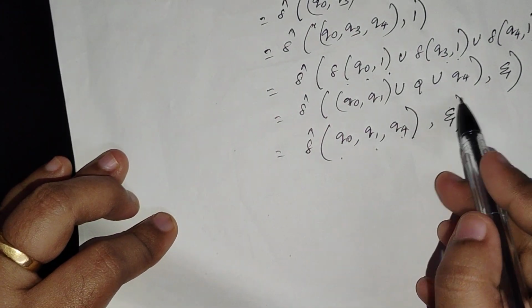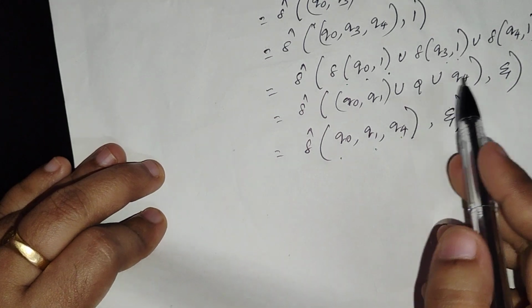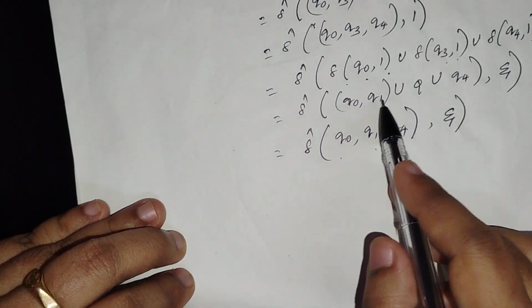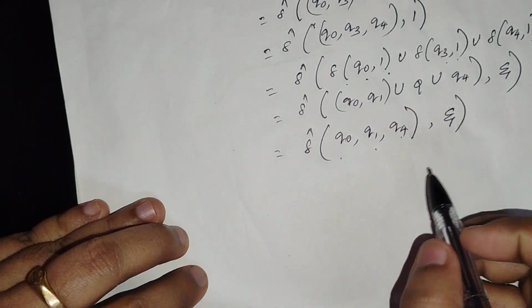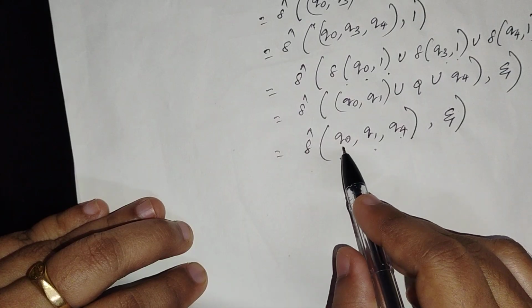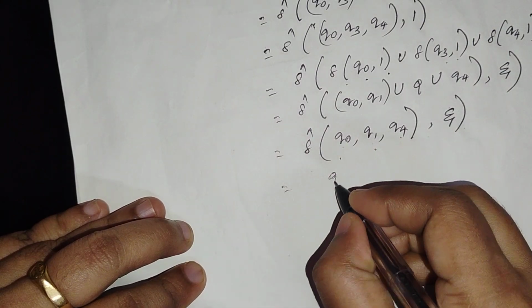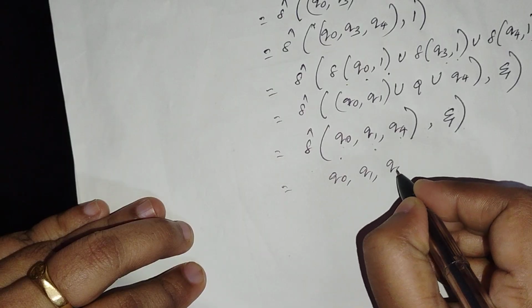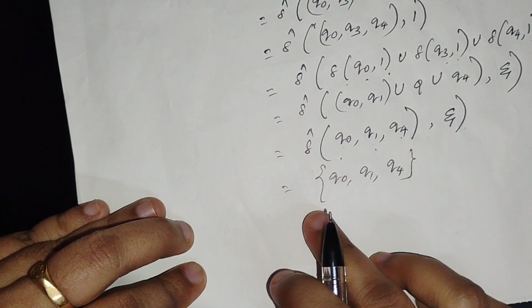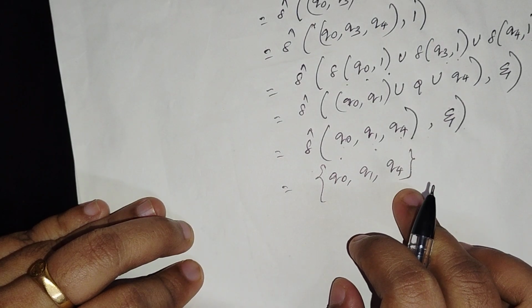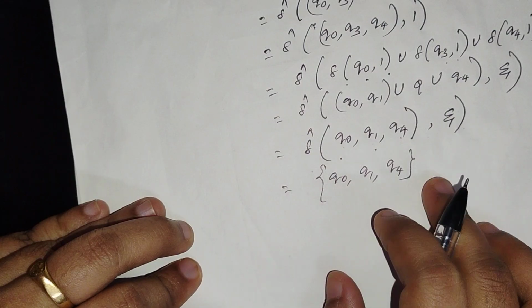This is the set of states for δ^ of the initial state and the string.